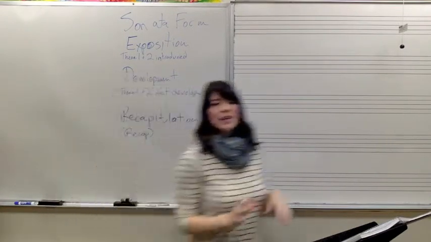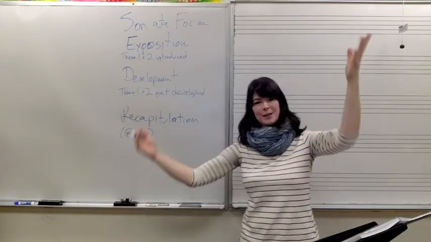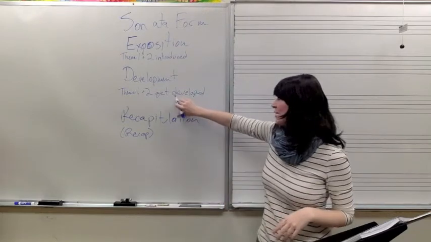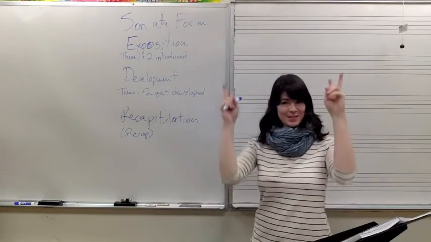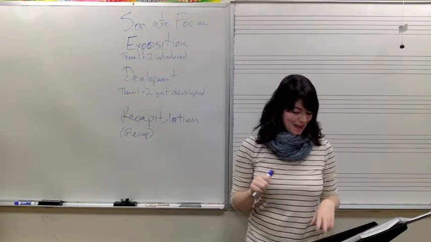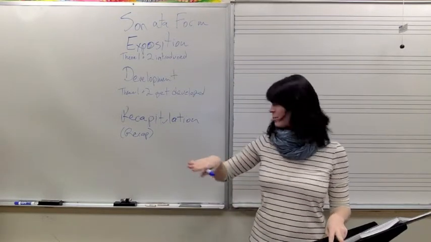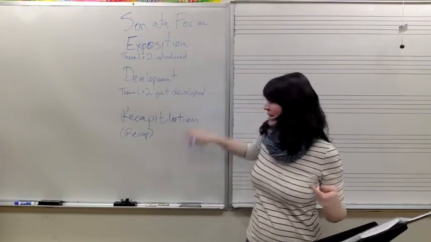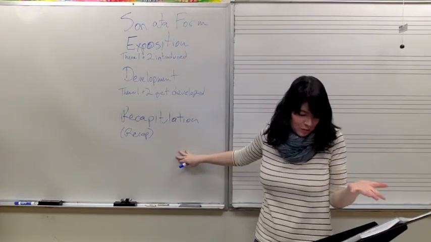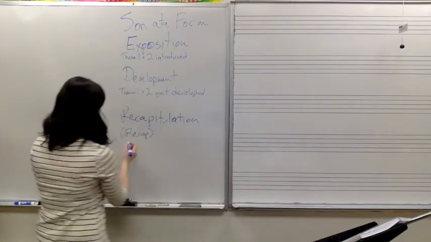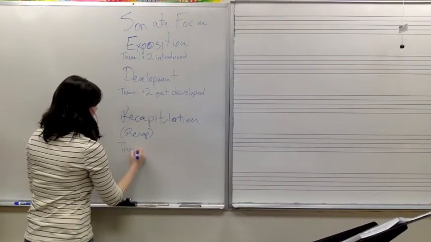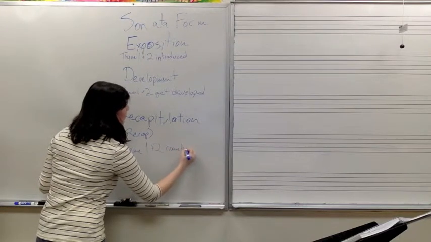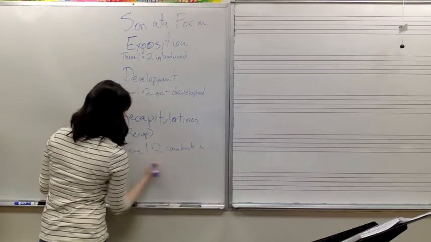The composer expands on them, makes them bigger, he changes the key, he messes with them, all right? So he messes around with the themes, and they call that developing the theme. And then the last part of the piece is the recapitulation. And this just means that basically the exposition comes back for the most part. So theme 1 and 2 come back in the original form.